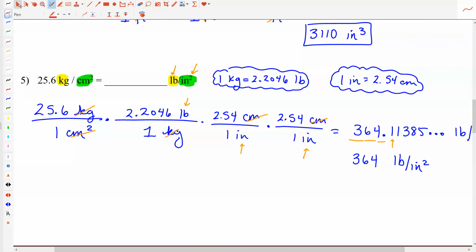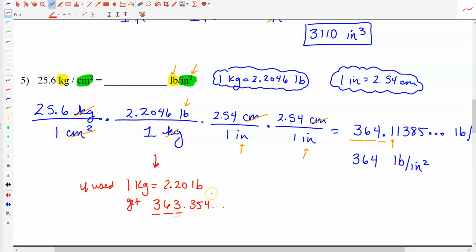Now, by the way, if you had used a conversion factor that was lesser, so let's say you used that 1 kilogram was equal to 2.20 pounds, which is only significant to 3 digits, you would get for your final answer 363.354, and then there's some numbers after that.